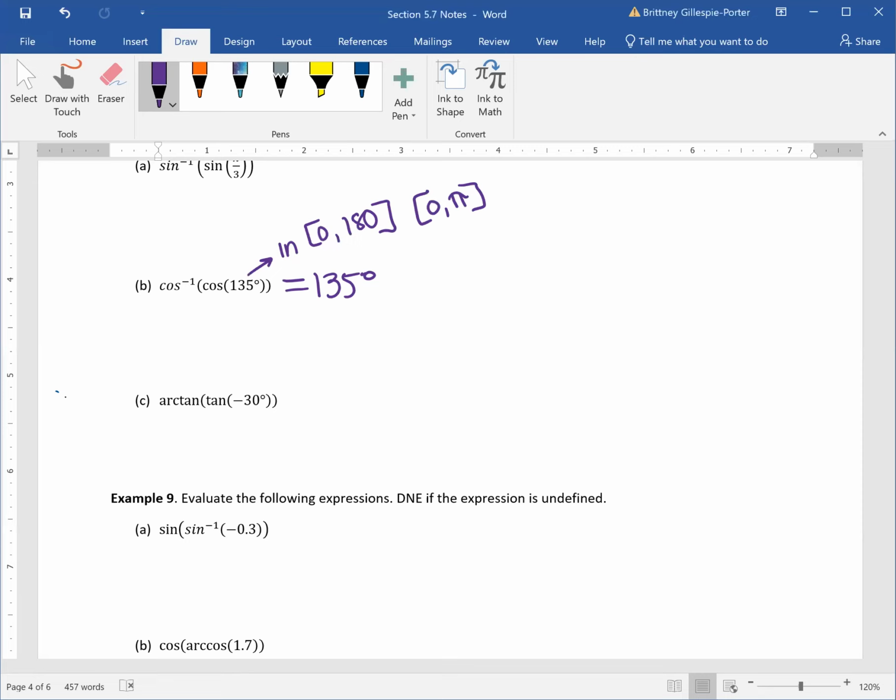And then here on part C, for our arctangent, remember that that is the inverse tangent of negative 30 degrees. Remember, inverse tangent needs to be from negative pi over 2 to pi over 2.